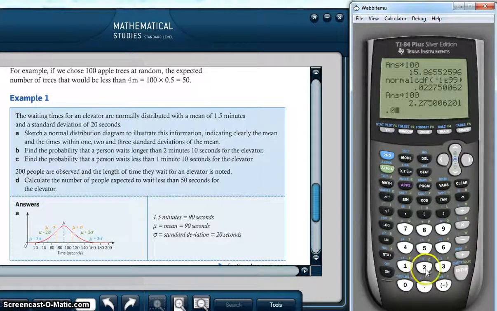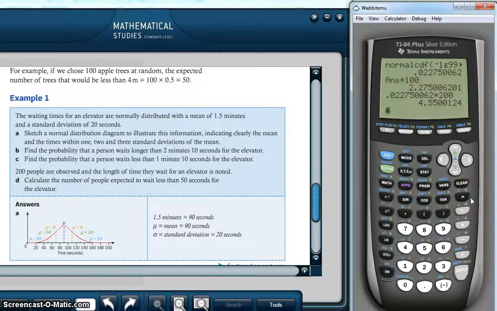So 0.02275 times those 200 people, because it's probability times the total population, is 4.5. So we would expect 4.5 people, 5 people, to wait less than 50 seconds out of all those 200 people, because 2.27% would wait less than 50.